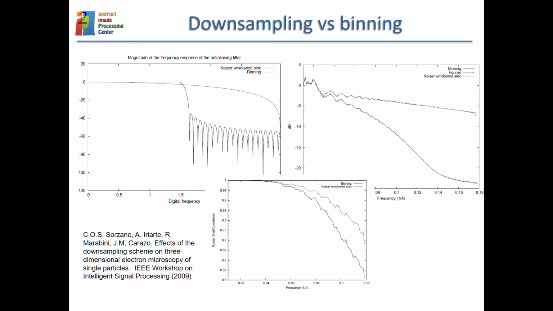One of them is called binning. Binning is just, if you want to make it twice smaller, you take squares of size 2 by 2 and then you average those numbers. That is the pure binning. But that is the worst way that you can do it. At the moment, I would say no package is doing that. At some point in time, they were all doing it that way.